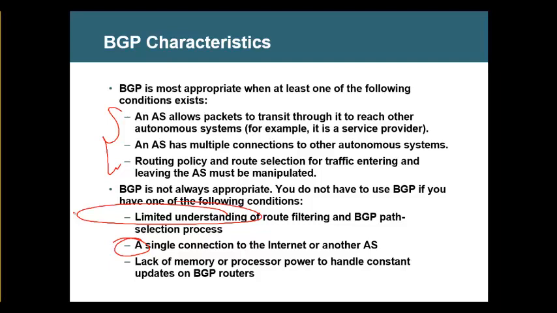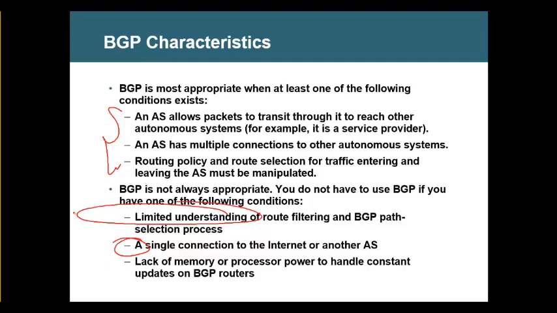So when we don't know how to tune those attributes, we should not go for BGP. We ourselves will be a problem for our network if we enable BGP with limited knowledge. BGP will pick one path.